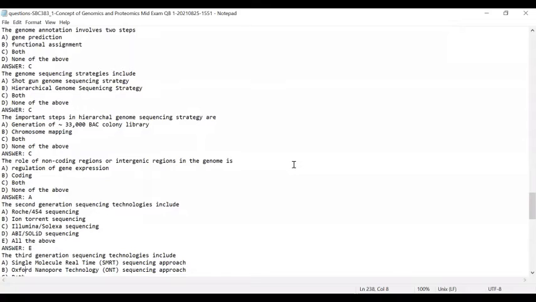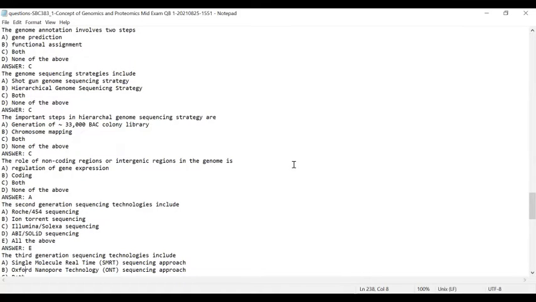Atika, the important steps in hierarchical genome sequencing strategy are generation of approximately 33,000 BAC library and chromosome mapping, both or none?